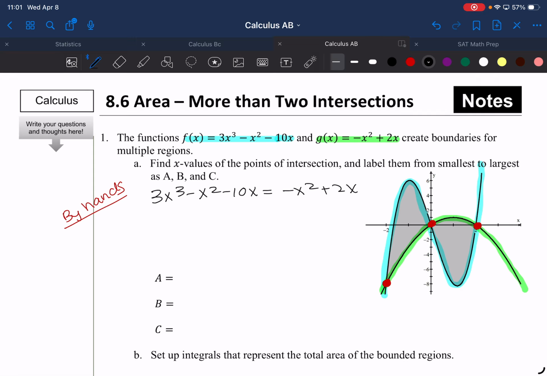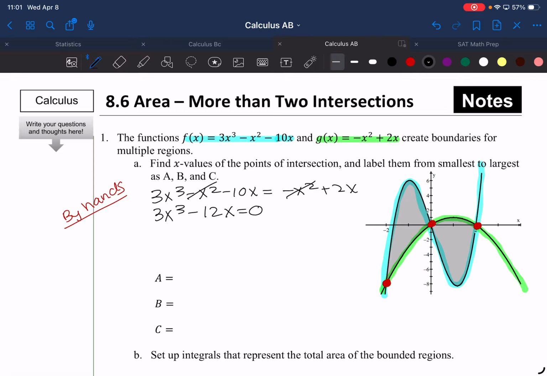So the first thing I'm going to do is add the negative x squared over to the left side, and what happens is those x squared cancel. So these are gone. And then I'm going to subtract 2x over to the other side. So I have 3x cubed minus 12x equals 0.